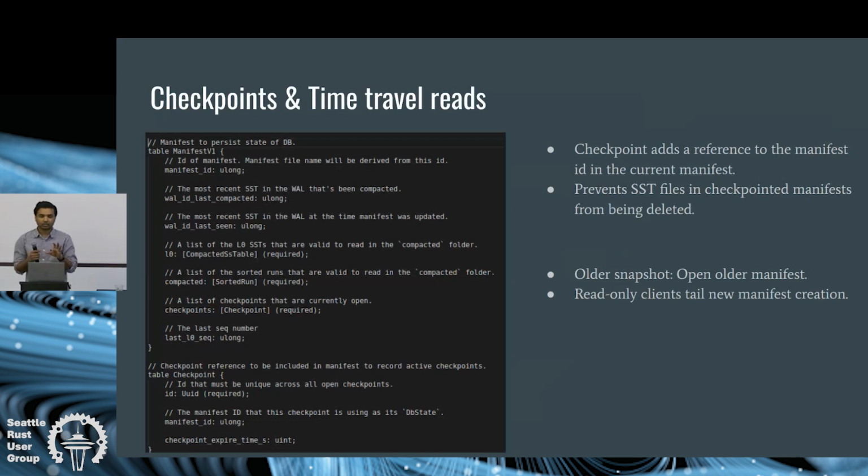Now let's talk about checkpoints and snapshot reads or time travel reads. Because every change creates a separate manifest, you can use an old manifest and open a read-only database that will give you the state of the database as of some time back.